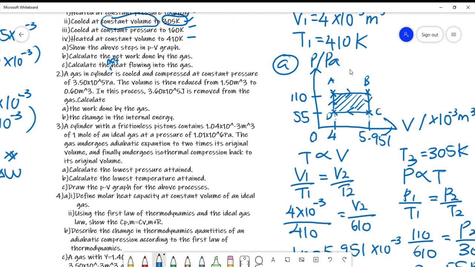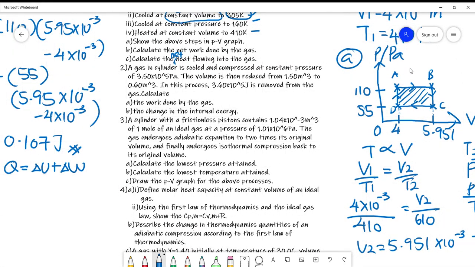We can see that the initial state of the gas is actually at point A. After undergoing the process from A, B, C, D, and finally returning to A, the temperature of the gas does not change.